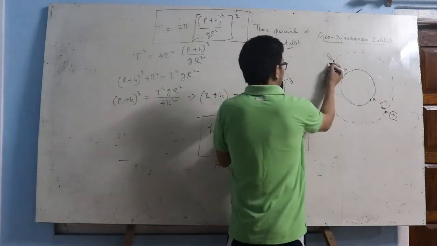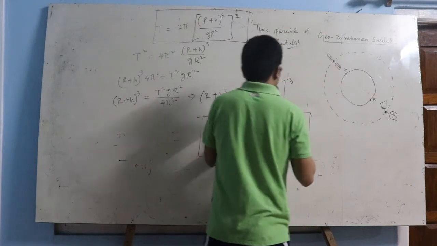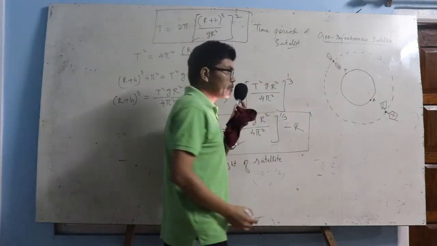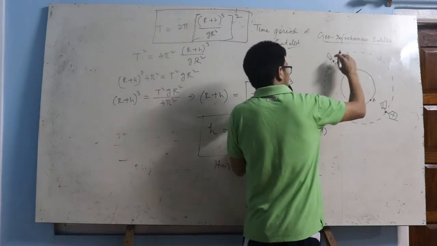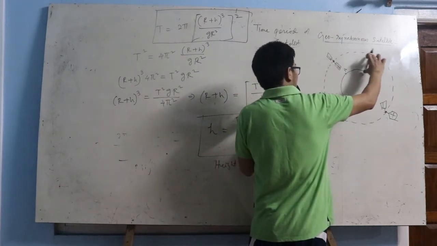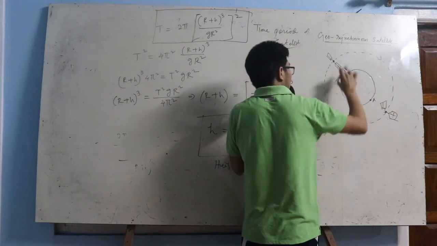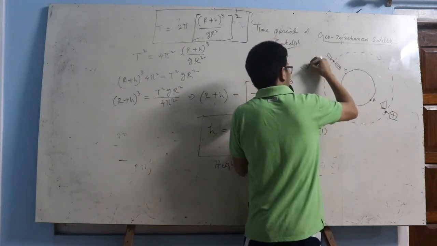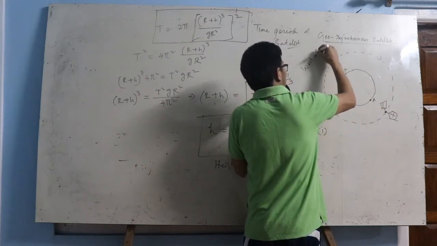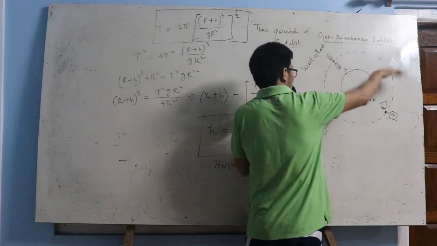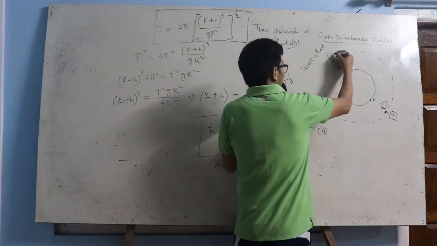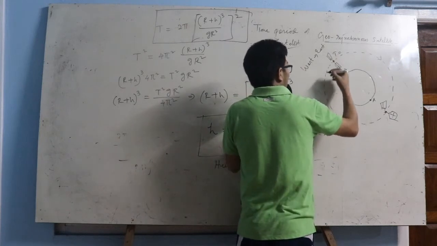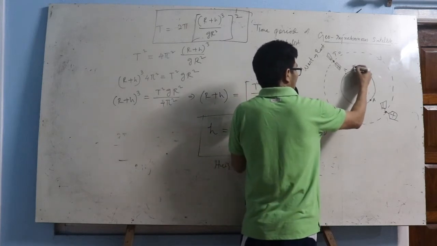To become a geosynchronous satellite, there are some requirements. The first requirement is that the satellite needs to move in the same sense, that is from west to east, together with Earth. The second point is that the time period of the satellite should be exactly equal to the time period of the Earth.